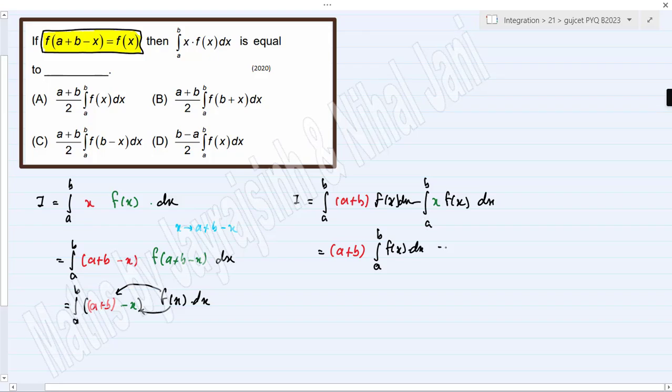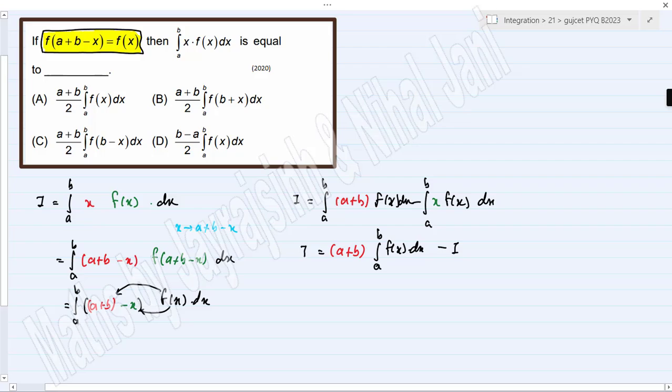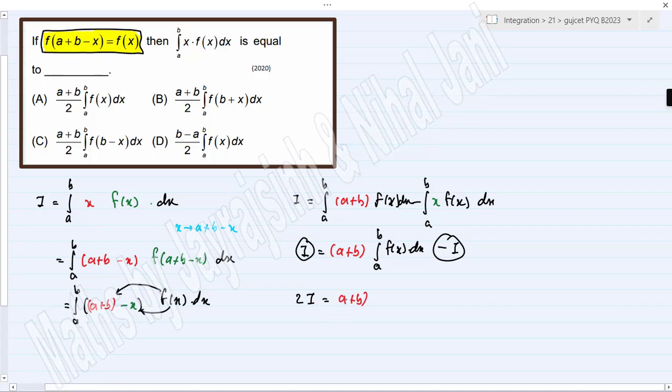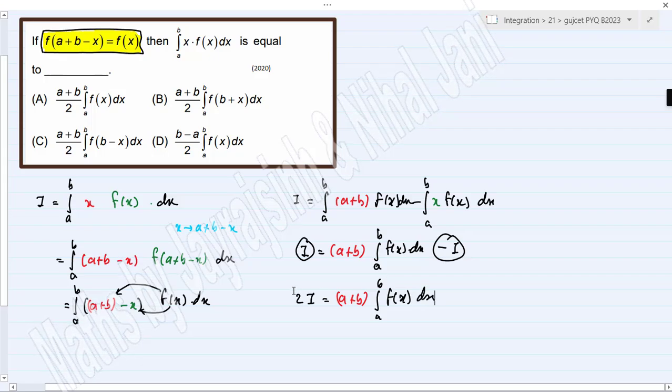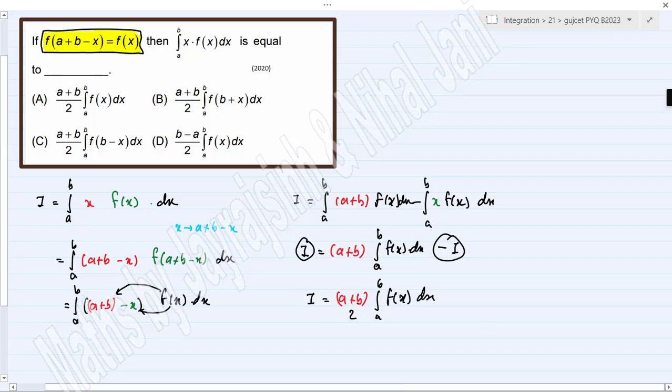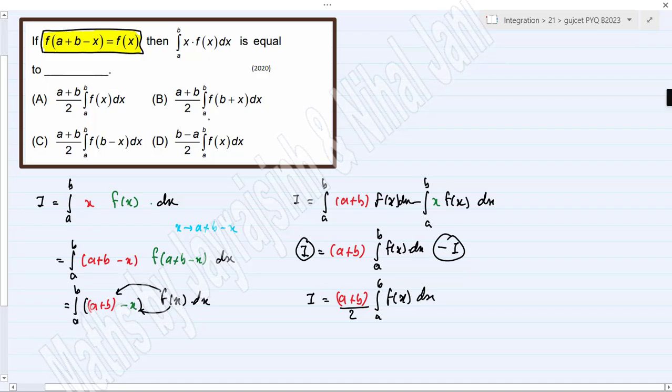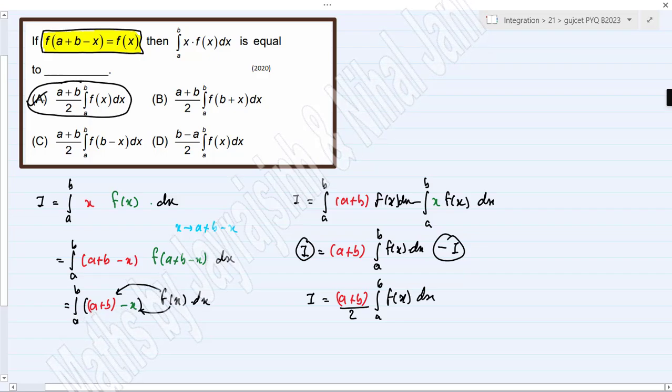And your second term is your original question I. So I plus I will become 2I, or we can say I will be 2I, and your first term will remain as it is. And to get the final answer, just move this 2 to the right side. So we will get a plus b by 2 integration f of x from a to b, which is given in option A. Ta-da!